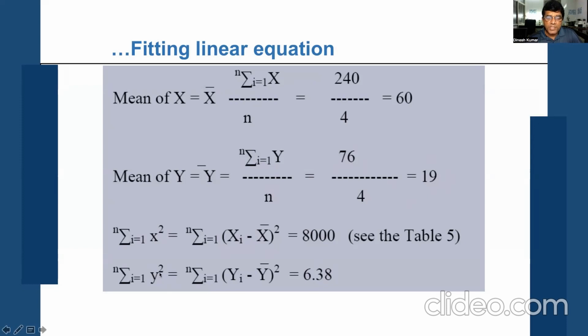Remember this summation y square is also called the total sum of square. When you take deviations against the mean for dependent variable y, square those values and take the total of all the pairs, it becomes the total sum of square, which is here 6.38.